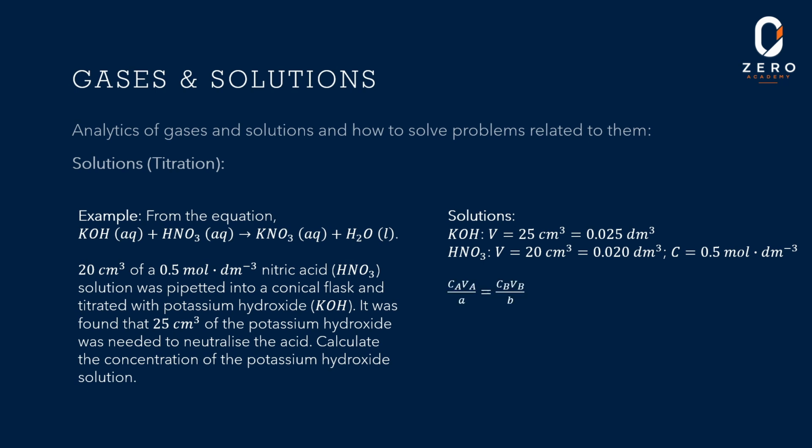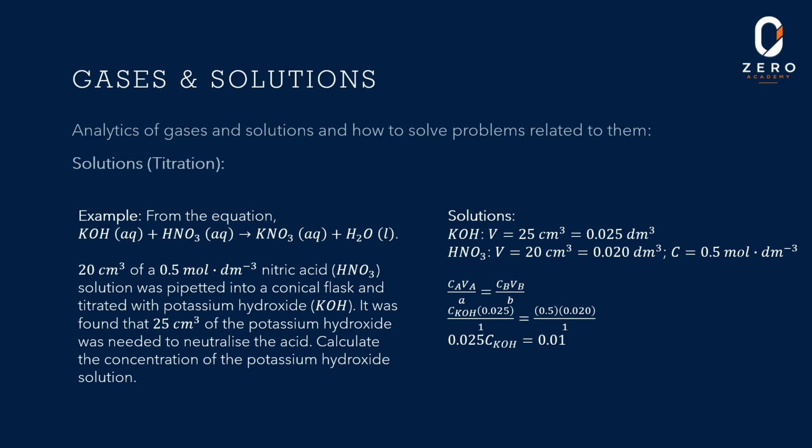Now we're going to introduce the formula that we learned previously, CAVA all divided by A is equal to CBVB all divided by B. Substituting in our values, we have the following on my screen. The ratios are 1:1, and hence A and B are both 1, and hence we will have 0.025 multiplied by the concentration of KOH is equal to 0.01.